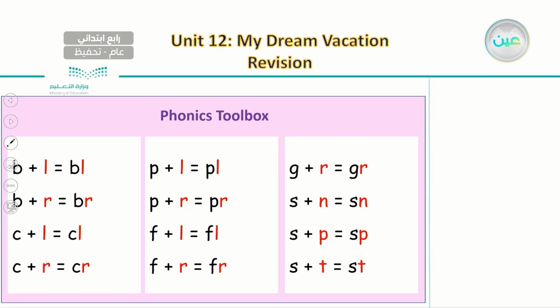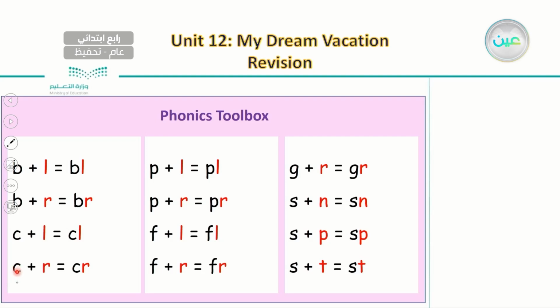Now for the other example, we have B and R. If we add B and R, we have words that start with BR, like break. And also C, if we add L to it, we will have a word like clay.